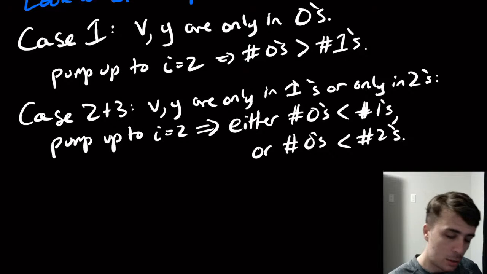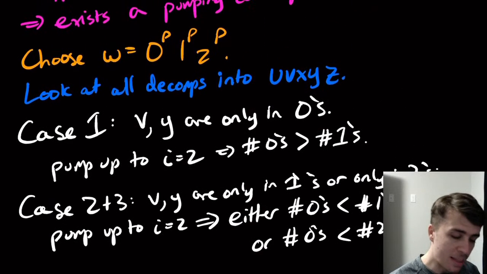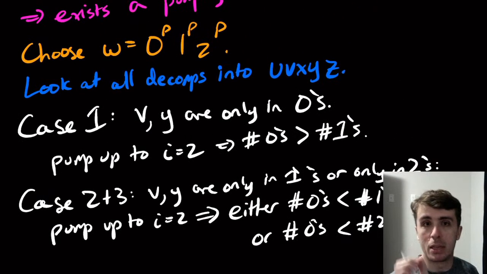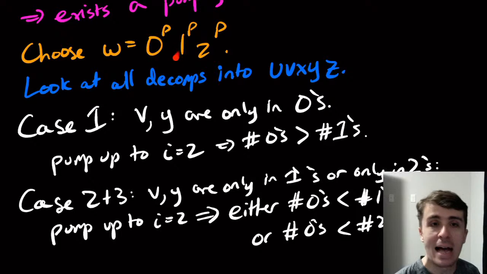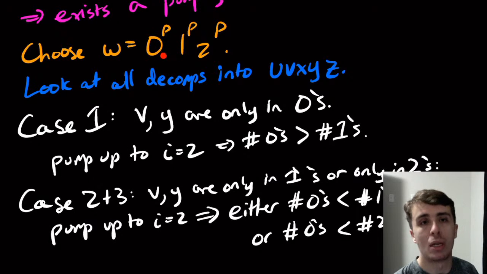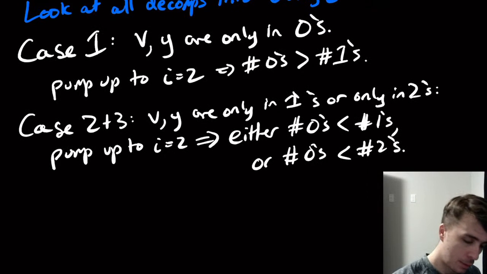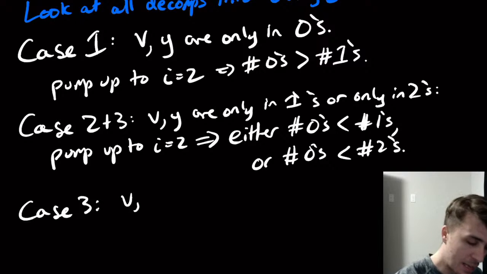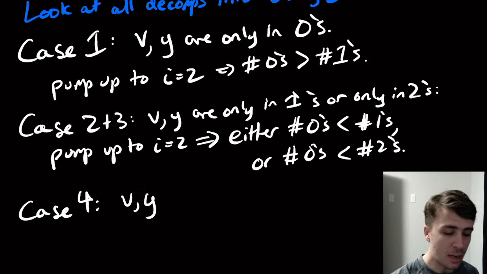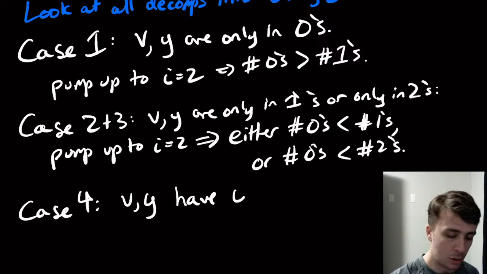Okay, so you may think that's all the possible cases, but there are other cases. One could be that v and y have some zeros and some 1s in them. It could straddle this boundary between the two. So let's say case 4, v and y have zeros and 1s.